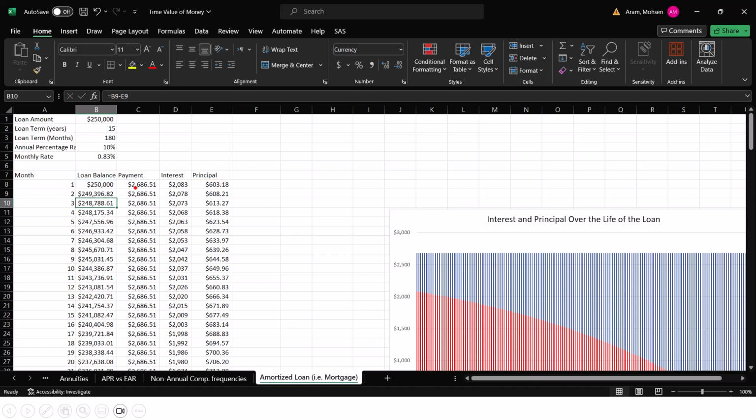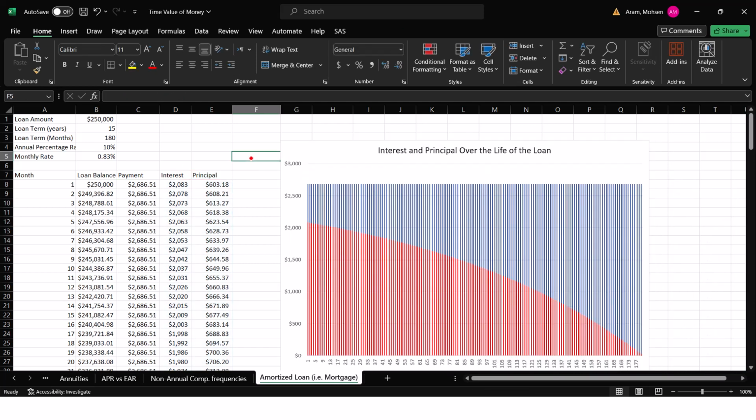But the key point here is that your payment doesn't change. Another good thing about the amortized loan is that you know exactly how much you need to pay every month, so you can plan for it. So this planning aspect of it is also very interesting and desirable for a lot of investors, for a lot of borrowers.